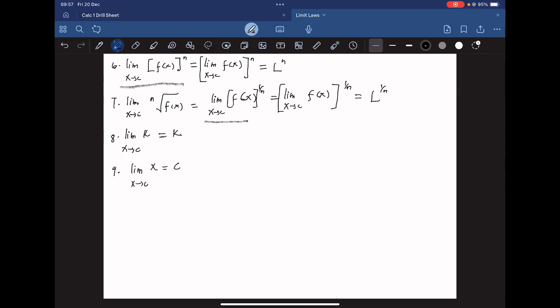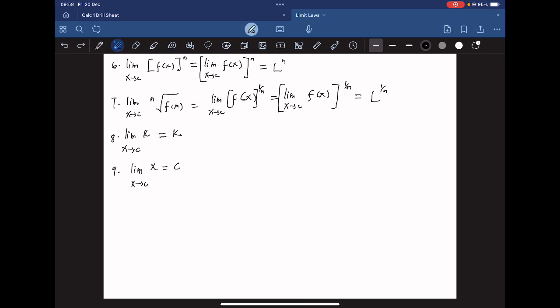So in this case, we have 1 over n. We can write the limit and the function in one parenthesis, then we write the exponent outside. Note that the limit as x approaches c of f of x is always L. So in that case, we have L to the exponent of 1 over n.